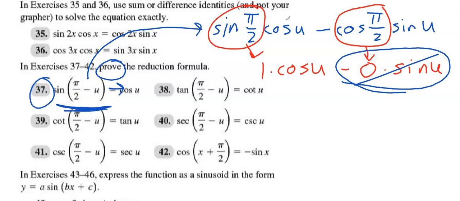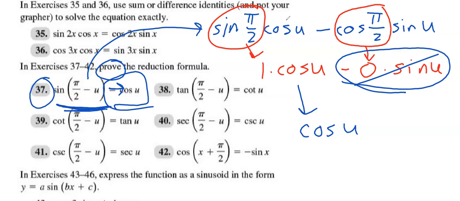Over here? Gone. Cosine u is the answer. You knew that was the answer because that's the end of the proof. But if you're not going to show me those steps, don't expect that that'll give you credit.